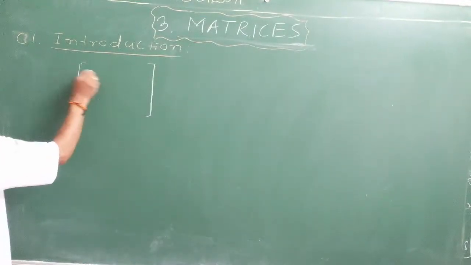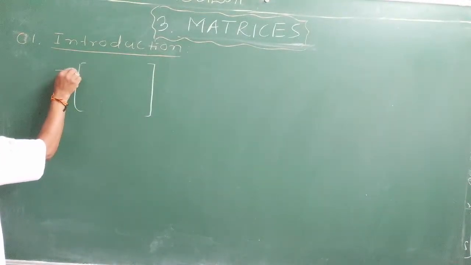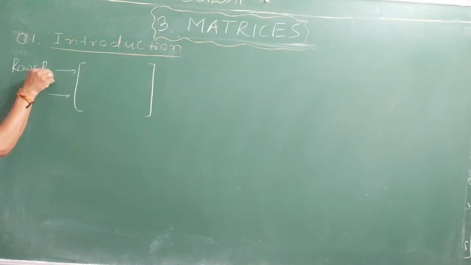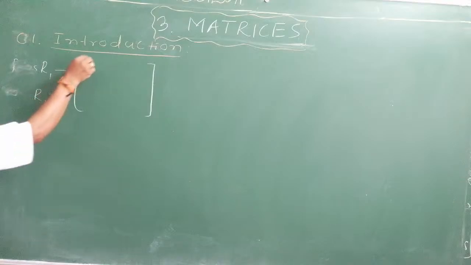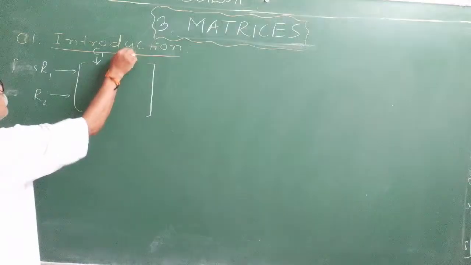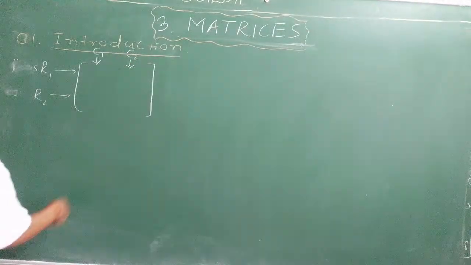It consists of horizontal rows generally represented by the symbol R1 first row and R2 second row, and vertical columns will be C1 first column, C2 second column, right?